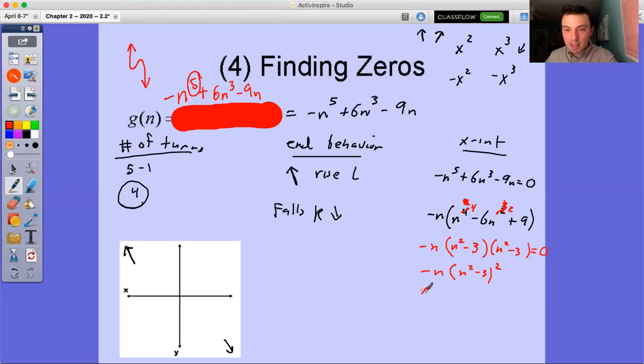So this one, I've got n equals 0 with multiplicity of 1. And for each of these, n squared minus 3, I can solve that. n squared minus 3 equals 0. n squared equals 3. So n equals square root of 3 and negative square root of 3. And because they were squared, they're both multiplicity 2.